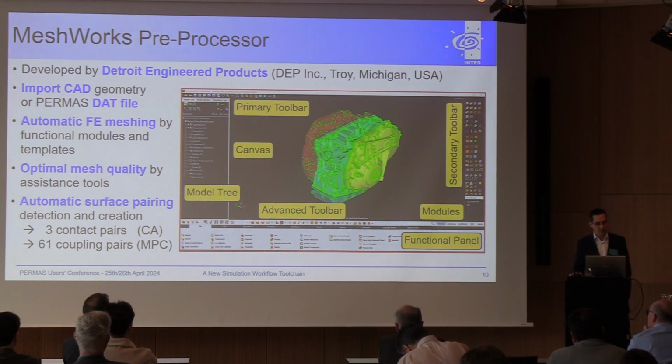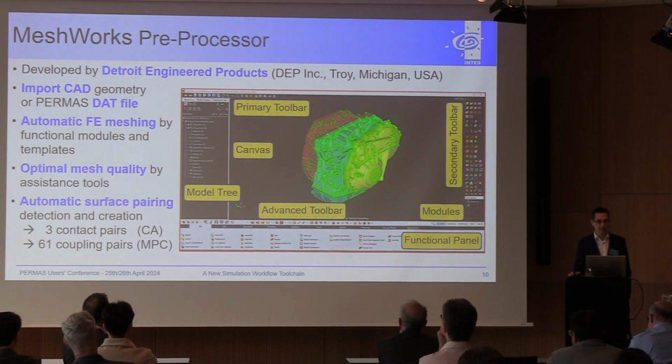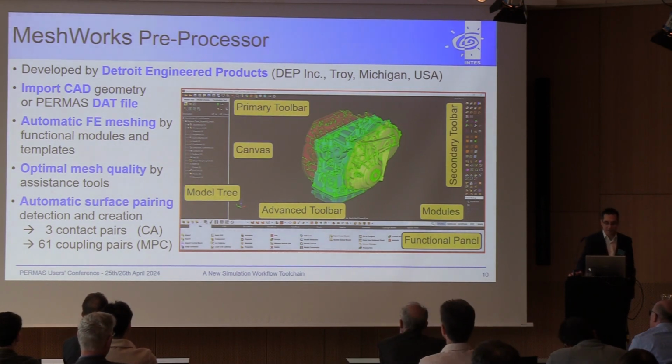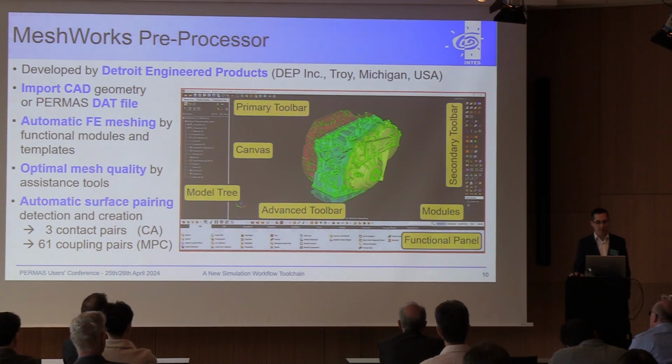There are automatic FE meshing functionalities, different modules and assistant tools to verify that you get an optimal mesh quality in this case. So MeshWorks has a huge graphical interface, and perhaps some of you are familiar with this overview. We have our primary toolbars, the canvas, the model tree on the left side, and some further toolbars.